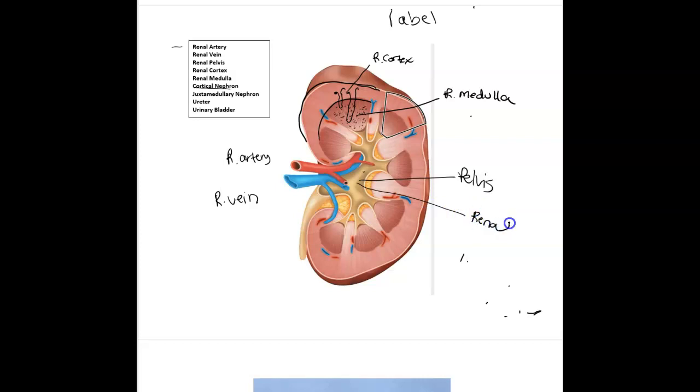And then after the filtrate goes into the renal pelvis, it's going to travel down into the ureter, and then it's going to hang out and exist in the urinary bladder.